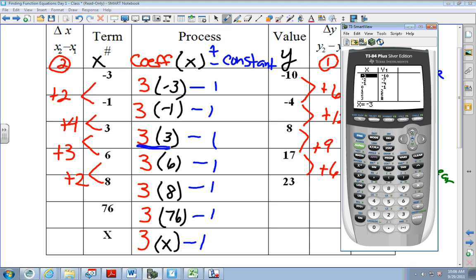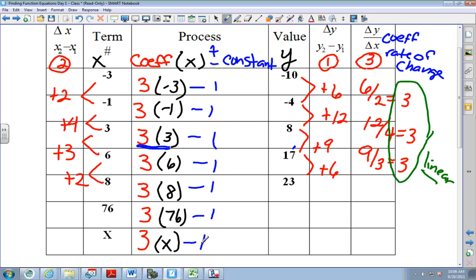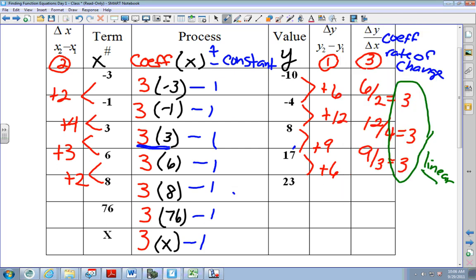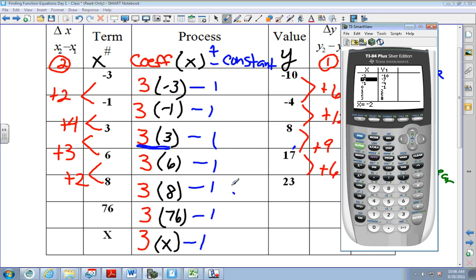I have -3, -10, -1, -4, 3, 8, 6, 17, and 8, 23. That means that I have the correct rule.